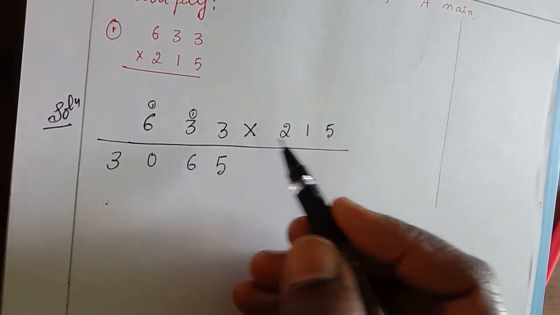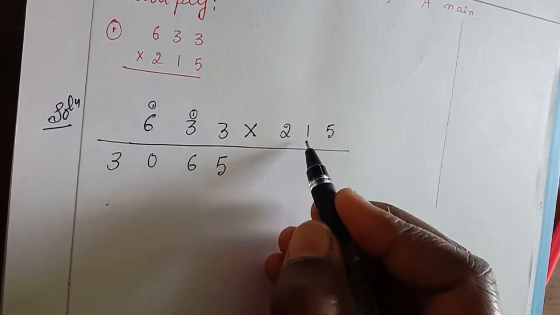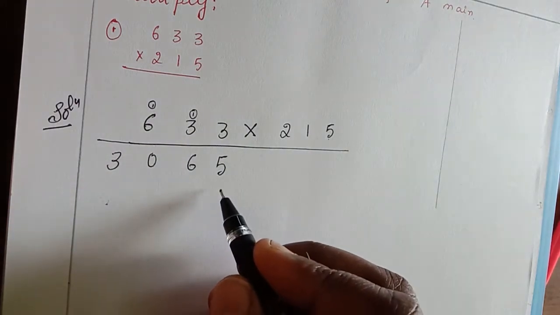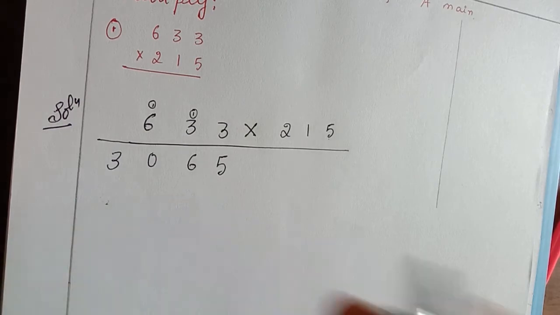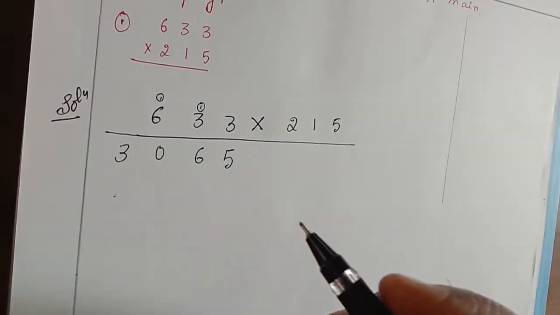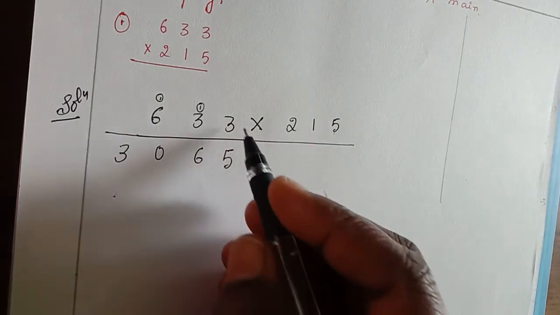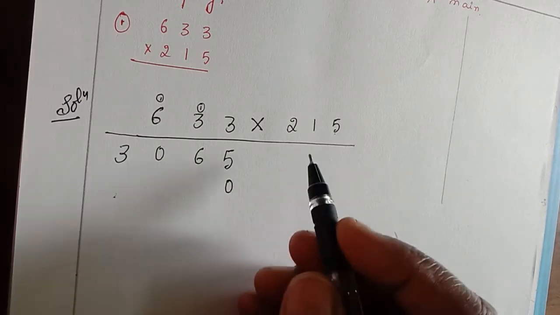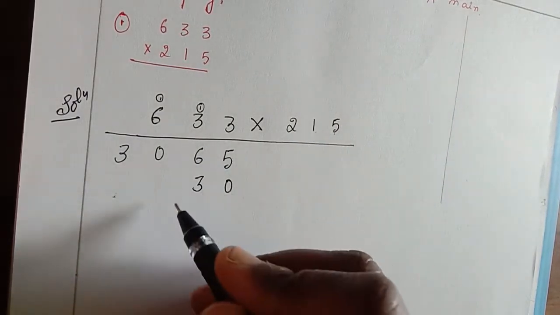So now we have to multiply by 10. That is 1. So 1 3 is 3. Don't write in the ones place. Because it is a 10, we should write the product in the tens place. So in the ones place put 0. 1 3 is 3. You should write from the tens place.